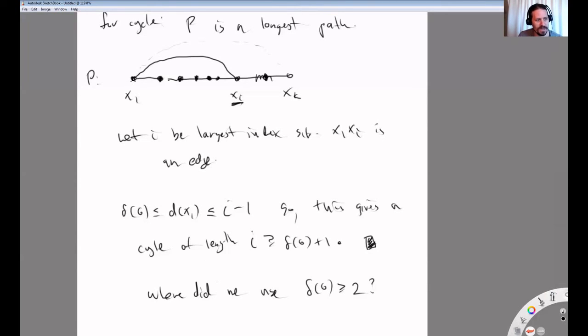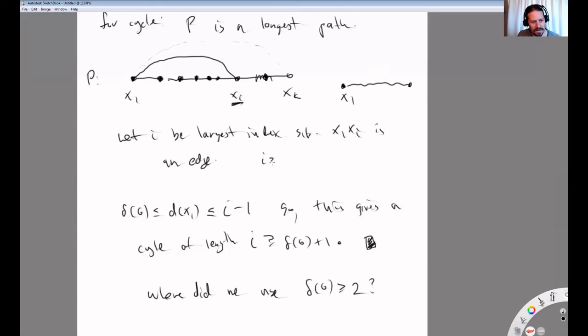Yeah, so up in this picture, drawing this edge here from x1 to xi, I assumed that there even was such an edge in order to get the cycle. Ordinarily, in the longest path, if your minimum degree is 1, you might have that x1's degree is 1, and that's it. There's no other edges coming out of x1. So I is the largest index such that x1, xi is an edge.